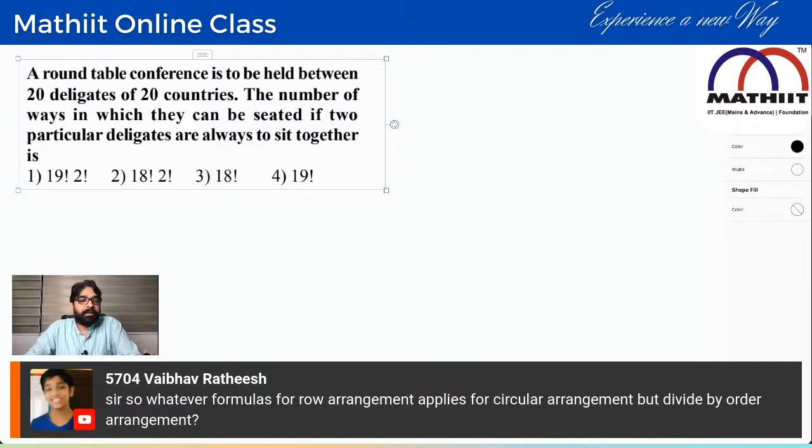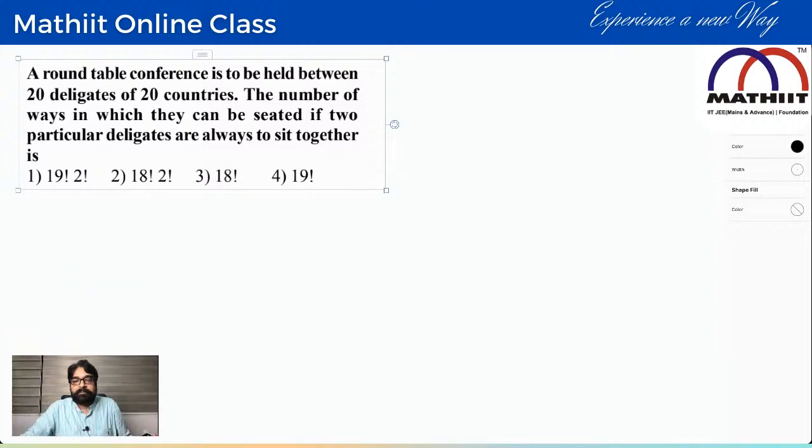One person is asking this doubt: whatever formula for row arrangement applies for circular arrangement, but divide by the order arrangement. Very much right. Yes, that's what I'm trying to tell you. From circular, what is missing? The row arrangement is missing. Quickly type your answer.